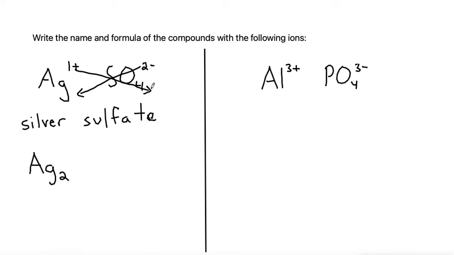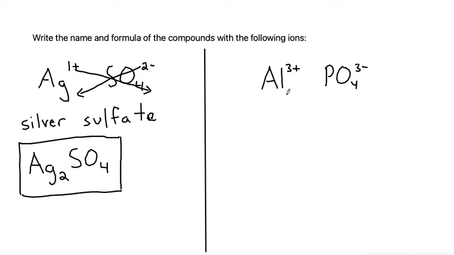The subscript of the SO4 is just a 1. So when you put a subscript on a polyatomic ion, you do want to use brackets unless it's a 1. Because it's a 1 subscript, we don't need to use brackets. So it would just be SO4. Ag2SO4 would be the formula.